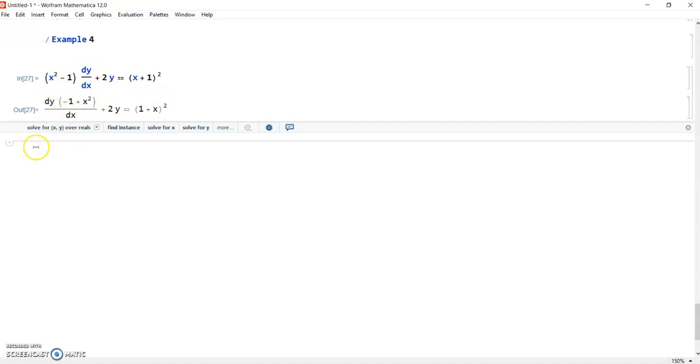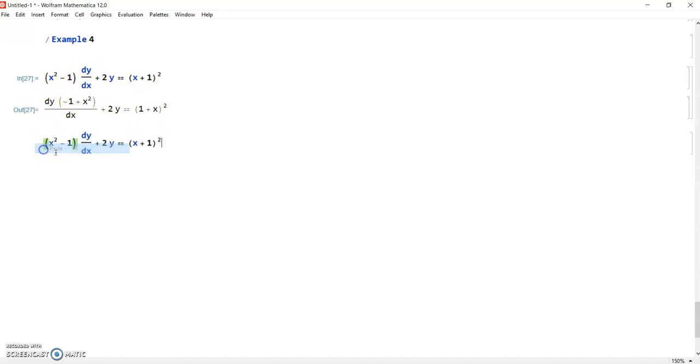So we can take this equation and divide both sides by x square minus 1, and also divide by x square minus 1.